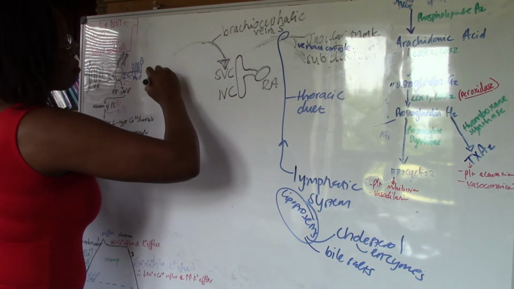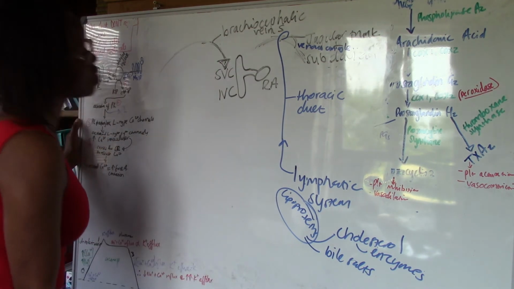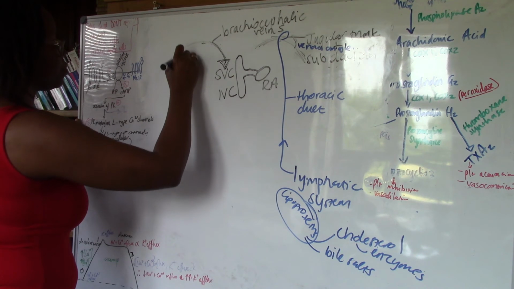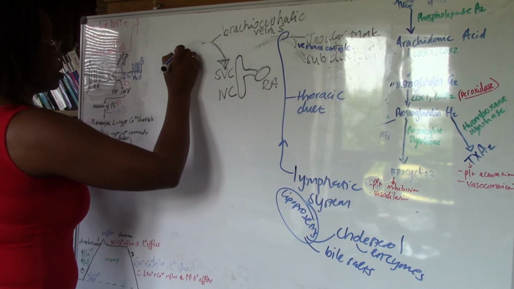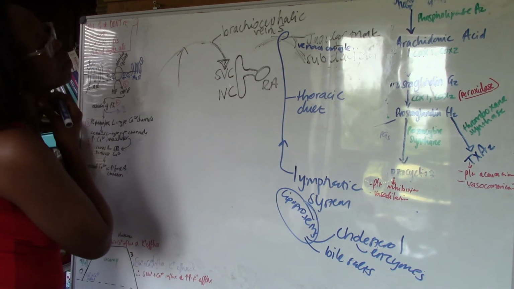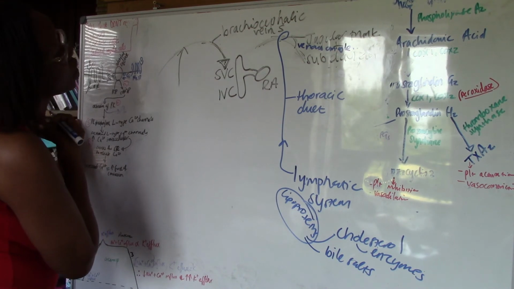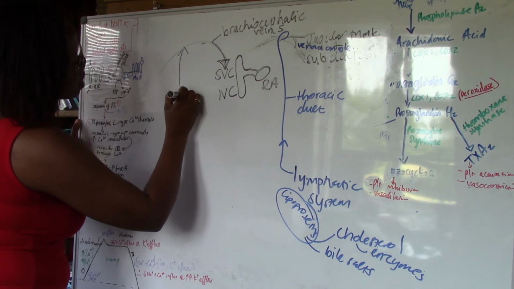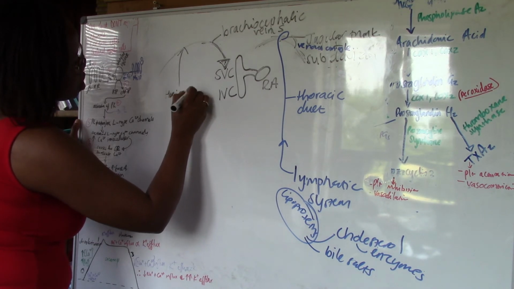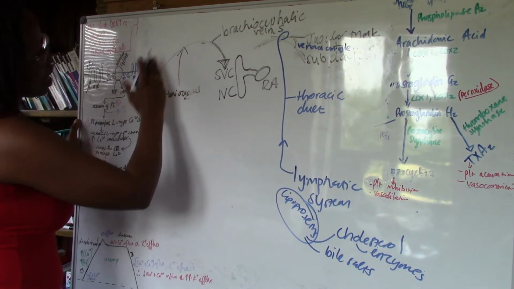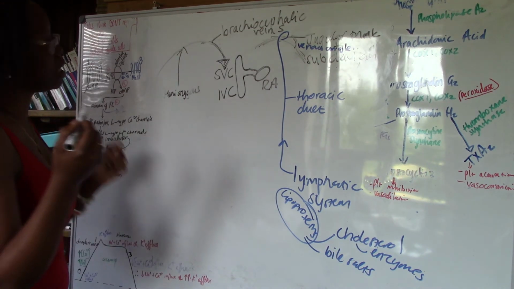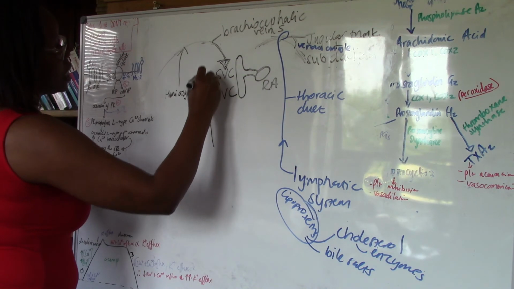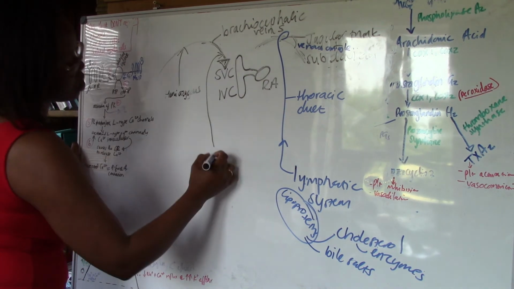Other veins that will drain directly into the brachiocephalic will include the hemiazygos. And the hemiazygos is the opposite number of the azygos vein, and the azygos vein drains directly into the SVC.